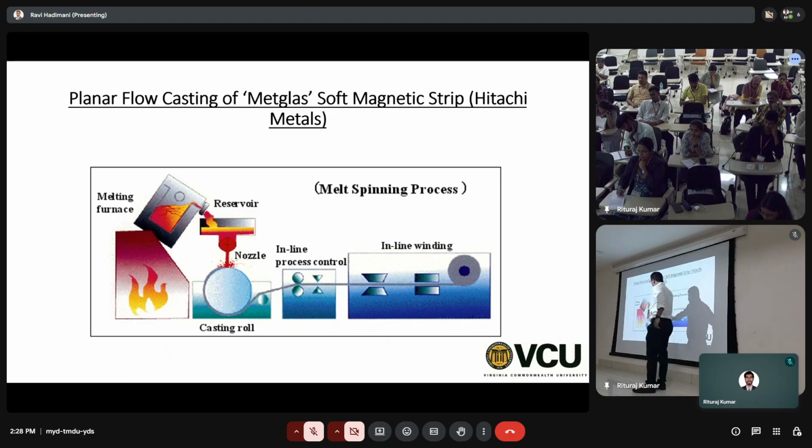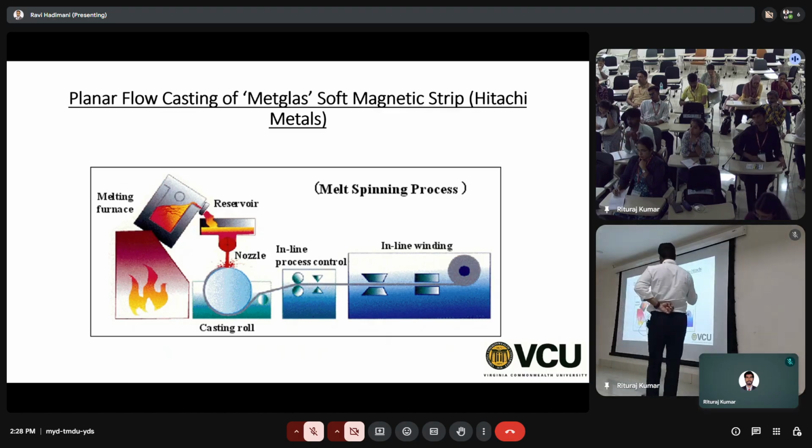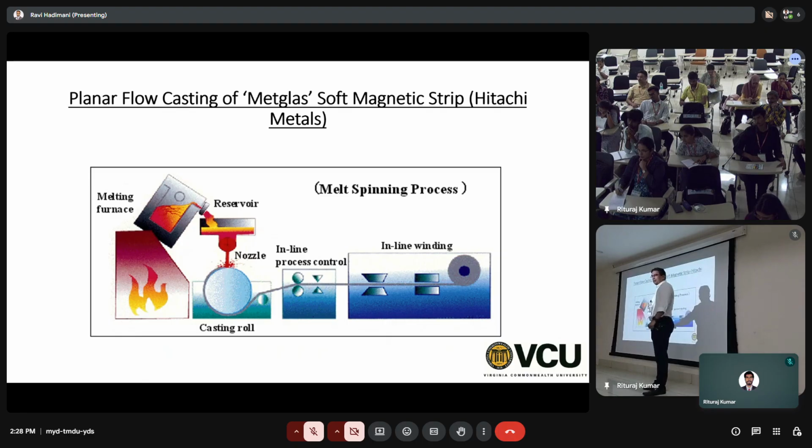Has anybody heard of Metglas? Because it's amorphous like glass, it's not crystalline. Metglas is metal glass, a word coined by Hitachi Metals. They patented this technique for making electrical steel for transformers.